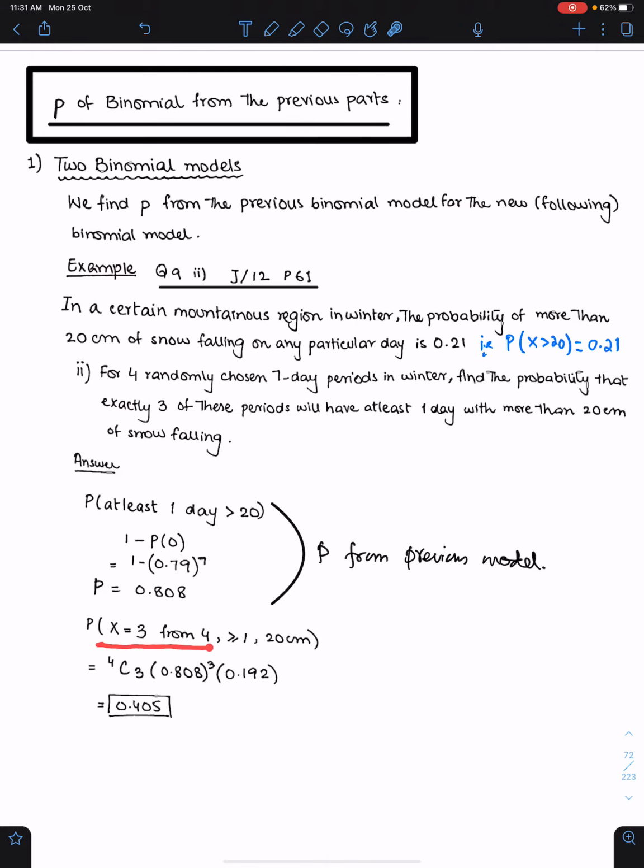We need this thing. We'll have at least one day with more than 20 centimeters of snow falling. Now, this statement means this thing: at least one day more than 20 centimeters snow falling.